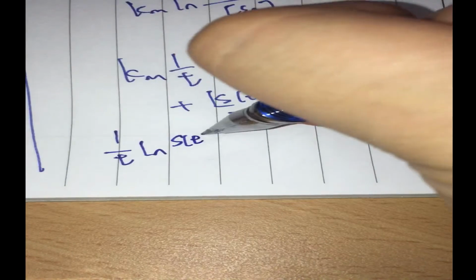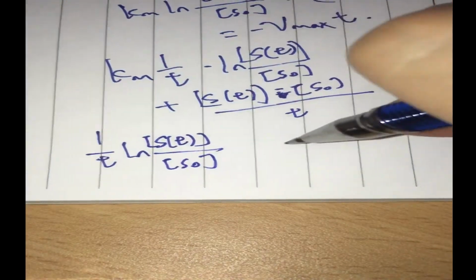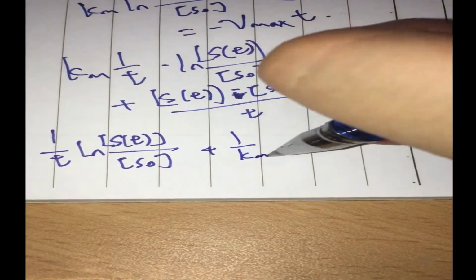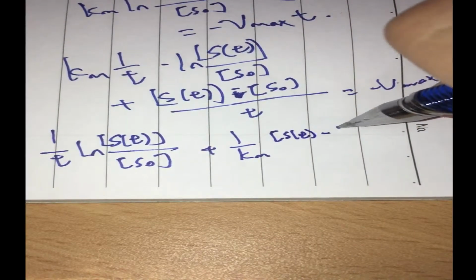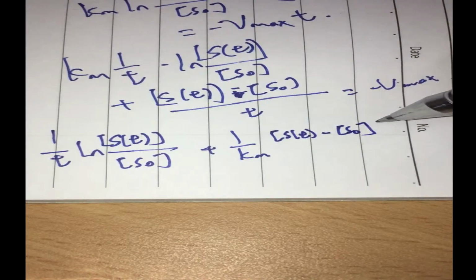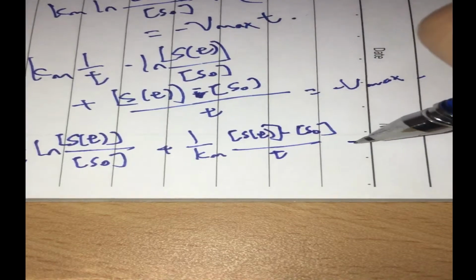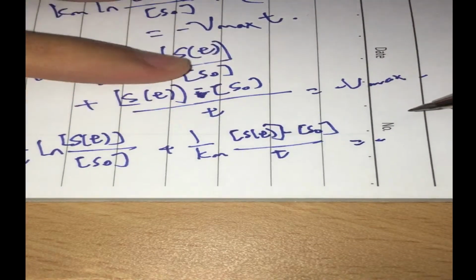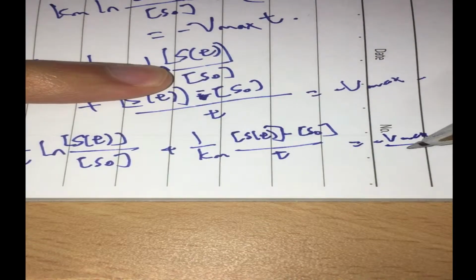1 by t ln St over S naught plus 1 by Km, St minus S naught over t equals minus Vmax over Km.